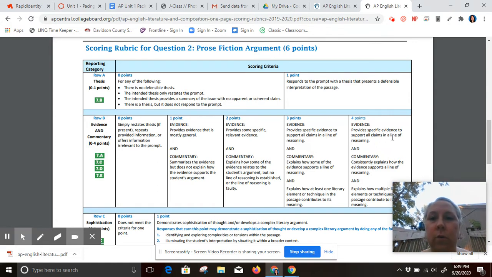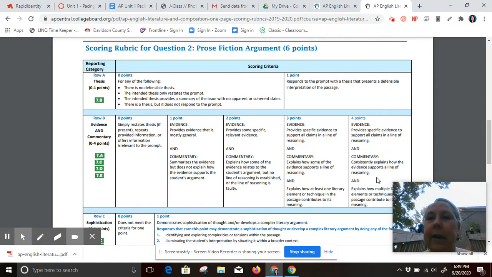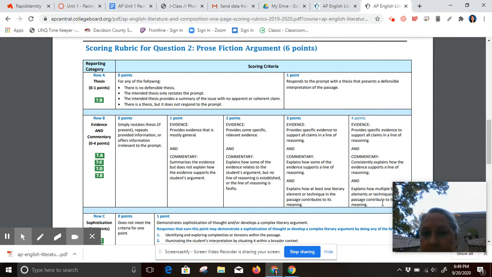You're not quoting whole sentences. Commentary consistently explains how the evidence supports a line of reasoning. So once you provide that quote from the passage, then you have to explain how it supports the point that you're making. Okay? And then the last one explains how multiple elements or techniques in the passage.